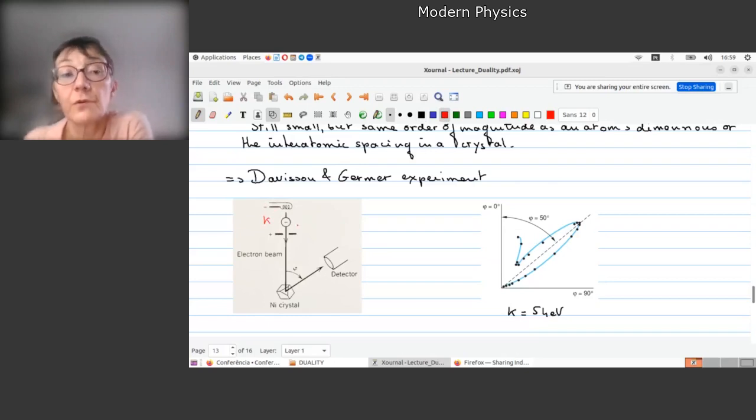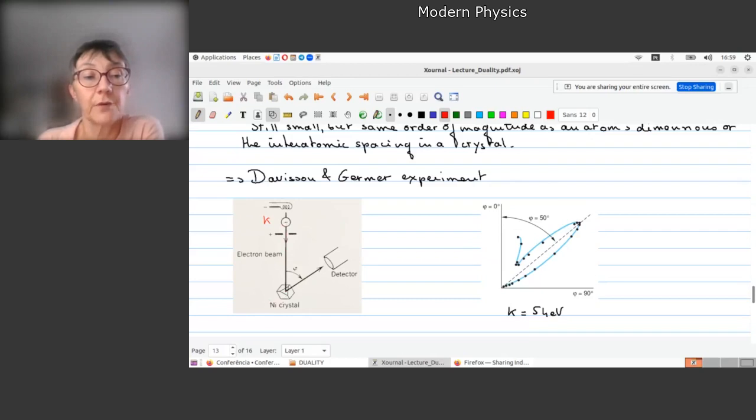And so, if the de Broglie hypothesis is true, you control their de Broglie wavelength, okay? And so a beam of these electrons is incident on a crystal.